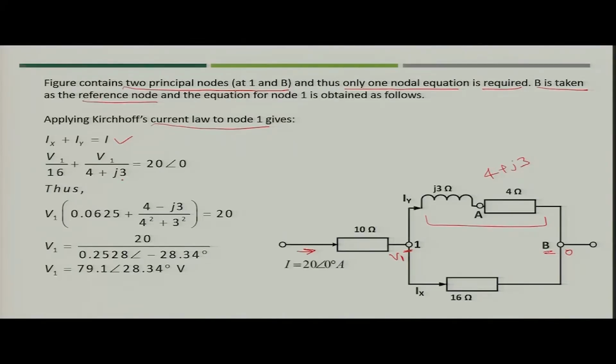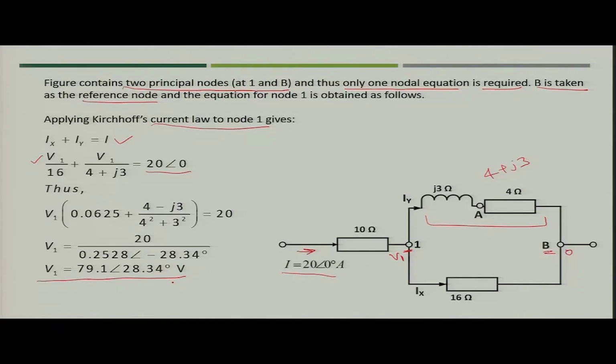It will be V1 upon 4 plus J3, and this will be equal to the current value which is given in the example. So, now what you have to do? You have to just simply solve it, because here you have only one unknown and you have got one equation to solve it. You simply take V1 out and solve it. You will get the value of V1 as 79.1 with angle 28.34 degree.